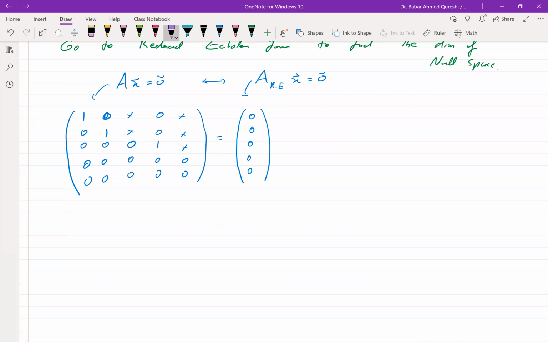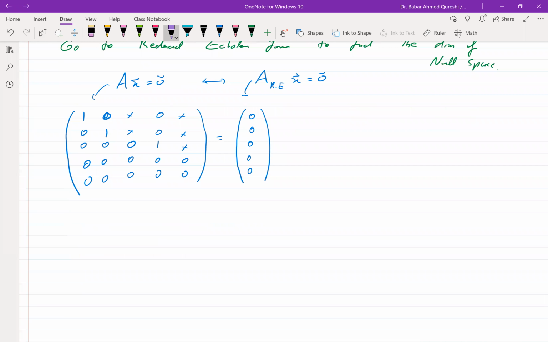But the point is that the free variables are completely free, and the rest are fixed linear combinations of free variables.